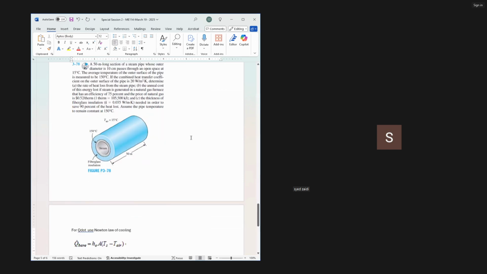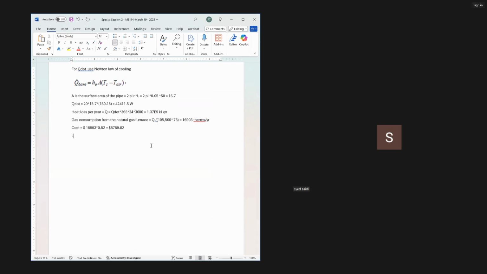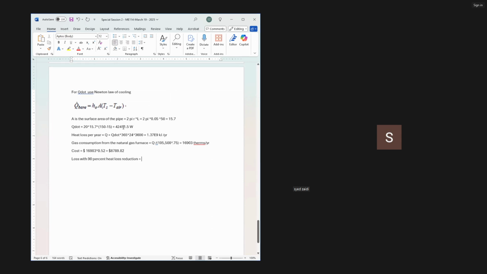So we have to see the loss with 90% heat loss reduction. That will be equal to whatever our Q dot was, you multiply it by 10%, which is 0.1.